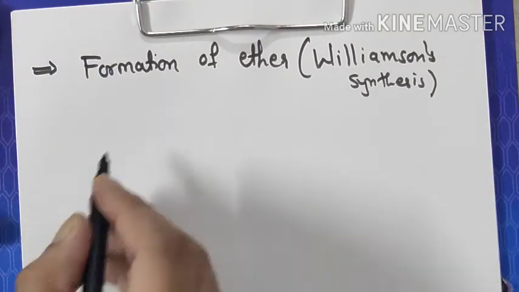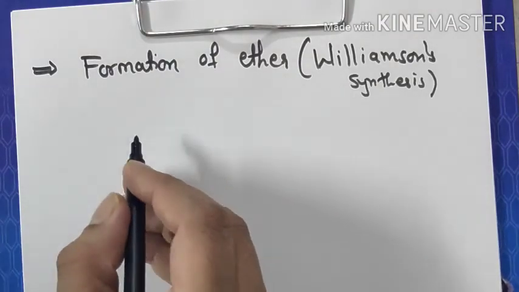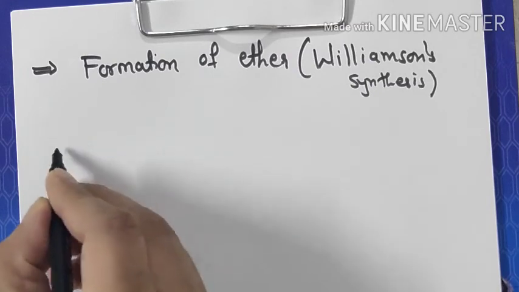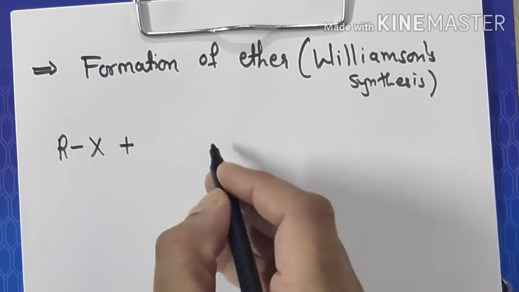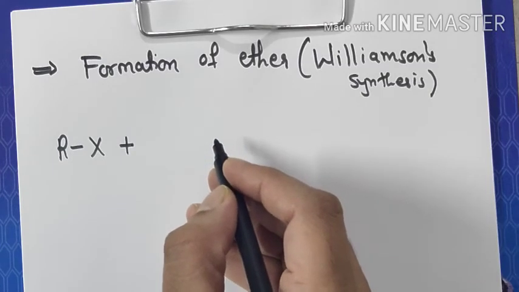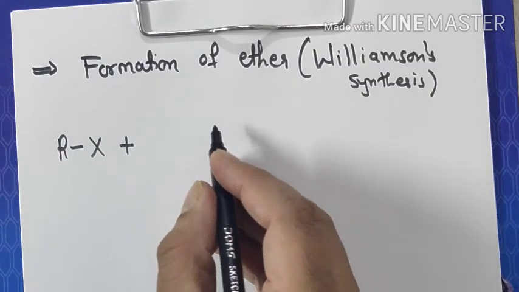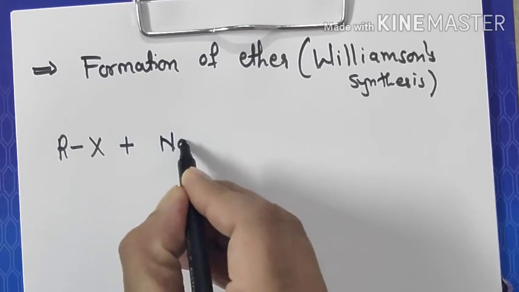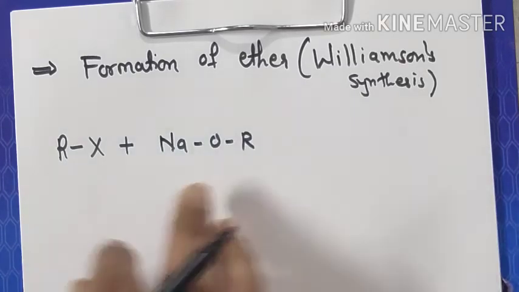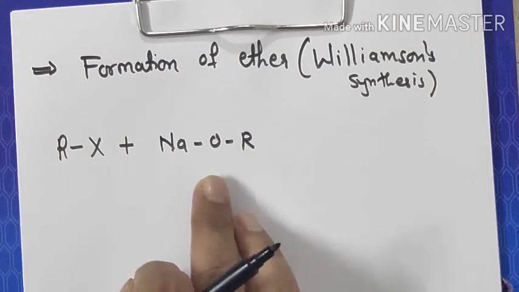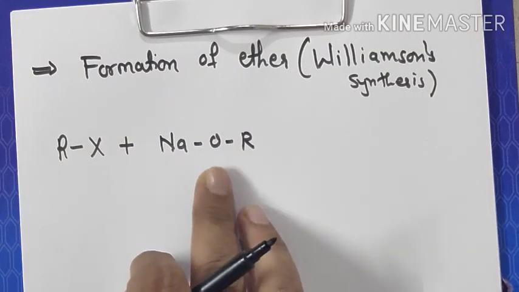In this reaction, alkyl halide RX is treated with sodium alkoxide. What is sodium alkoxide? NaOR. Sodium alkoxide. How the sodium alkoxide is formed, I'll be explaining that.